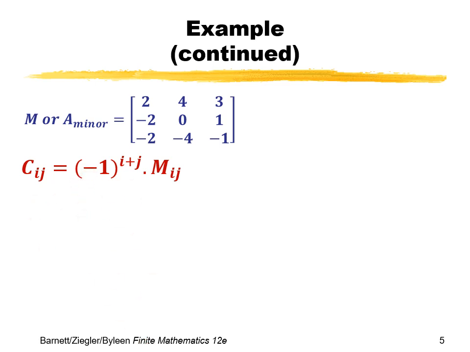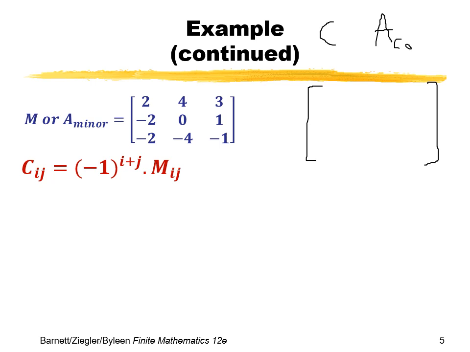So, for example, we need to create a matrix of cofactors. Some call it C or A cofactor.